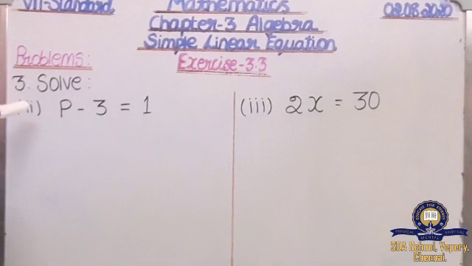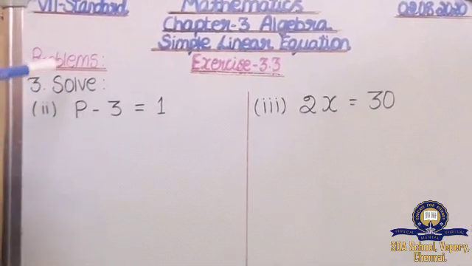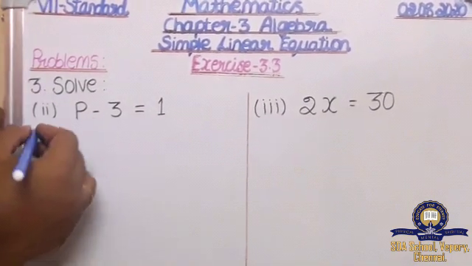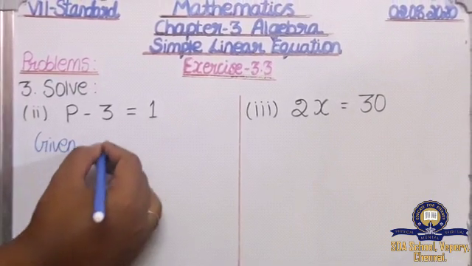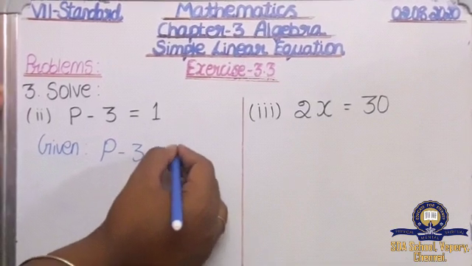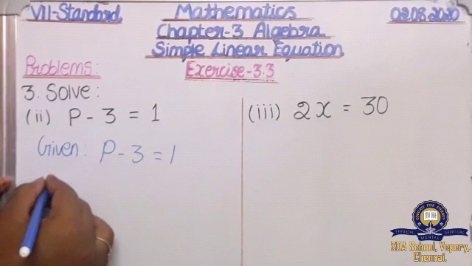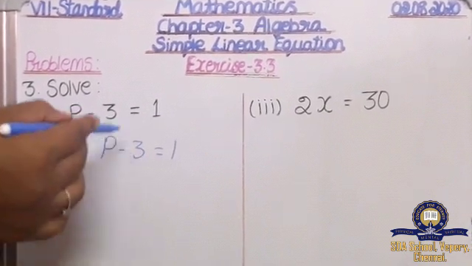The first problem given here is p minus 3 is equal to 1. Here we need to find the unknown variable. The unknown variable given here is p. First we write the given in the problem. Given here is p minus 3 is equal to 1. So what is the unknown variable here? p. Keep p on the left hand side. Now minus 3 is a subtraction.